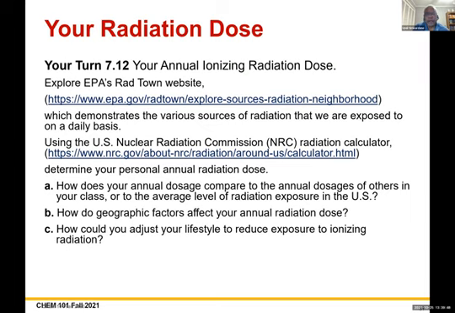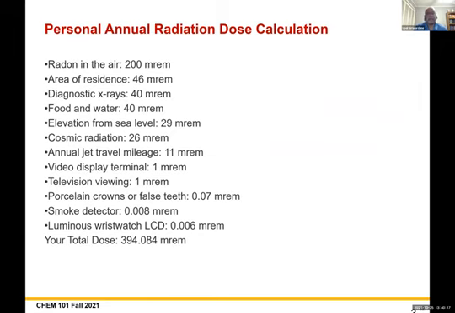So you can adjust your lifestyle to reduce exposure to ionizing radiation. These radiations, X-rays, alpha, beta, gamma, can cause changes in your tissues, changes in the components of your tissues. They can affect genetic code and create mutations and can cause cancer.